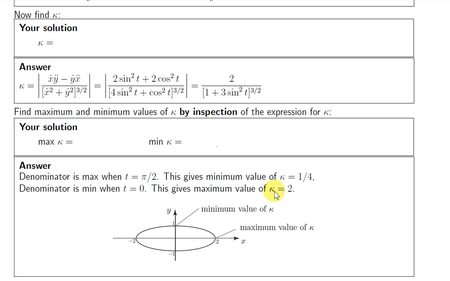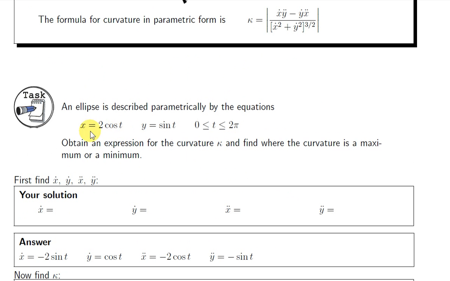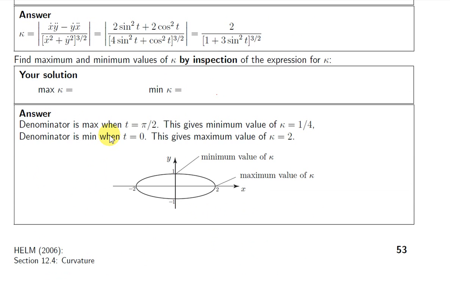So the maximum value of kappa is 2. Now when t is 0, if we go back to the equations of the curve, we have 2 cos 0, which is 2, and the sine of 0 is 0. So 2 comma 0 is the point on the curve that gives us the maximum value of kappa. So the curve is turning much more quickly here, much more sharply at x equals 2.